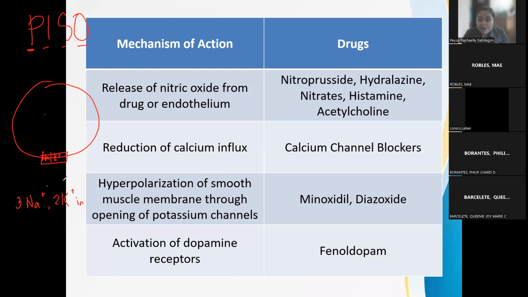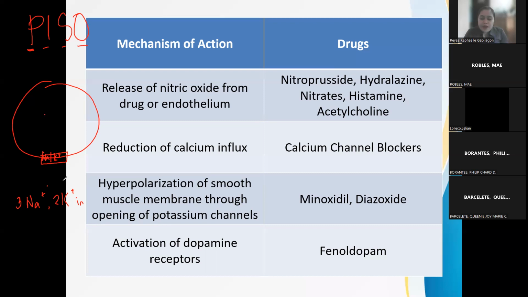So, for you to remember this, you can use the mnemonics si 3 na antukin. Again, para hindi nyo makalimutan na kapag nag-exchange si sodium and si potassium sa cell, ito yung mnemonics na ginagamit natin, si 3 na antukin. So, 3 na sodium ang lalabas, 2 potassium ang papasok.